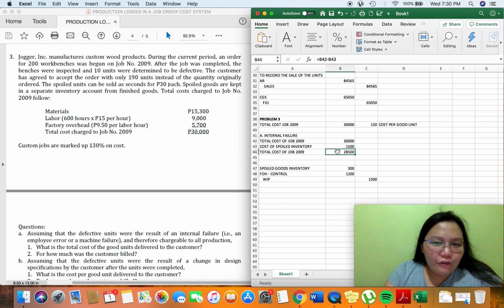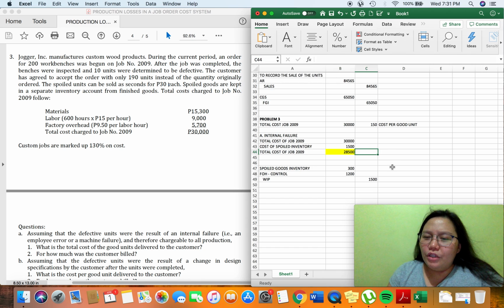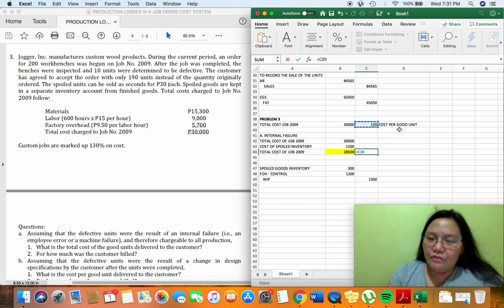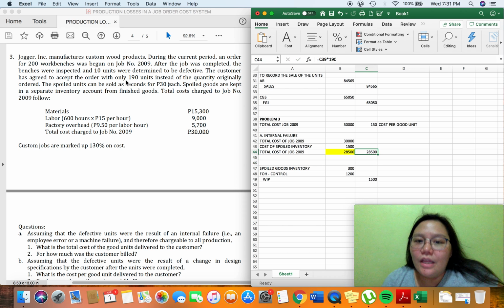So, tinatanong tayo for number 1, what is the total cost of the good units delivered to the customer? We have 28,500. So, another way to compute for this, basically, you will multiply 150 cost per good unit multiplied by the 190 units that the customer agreed to receive instead of 200 units. So you will also get 28,500. Notice that the total cost of the job 2009 was not affected by the spoiled units.